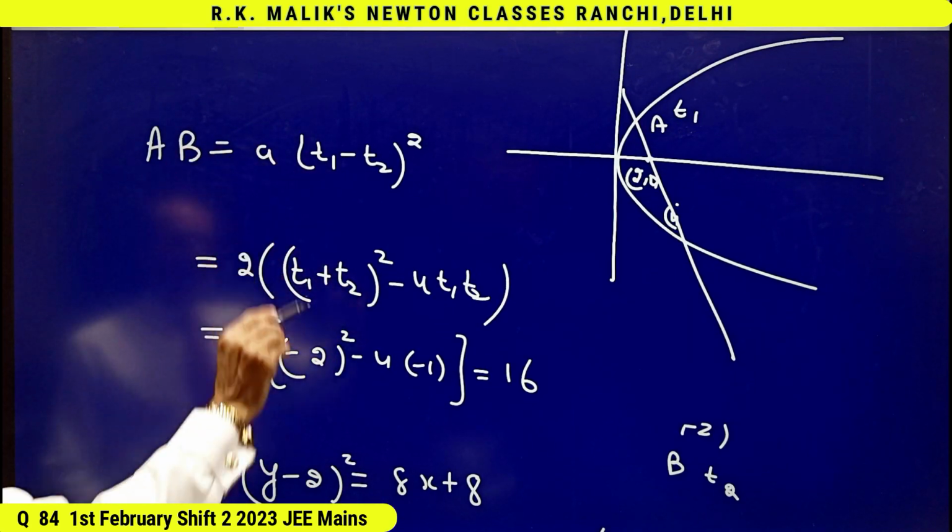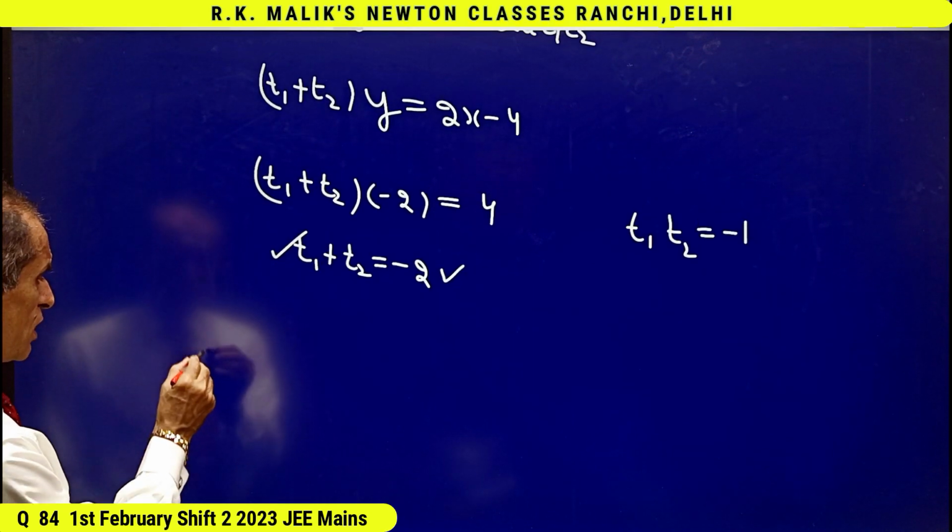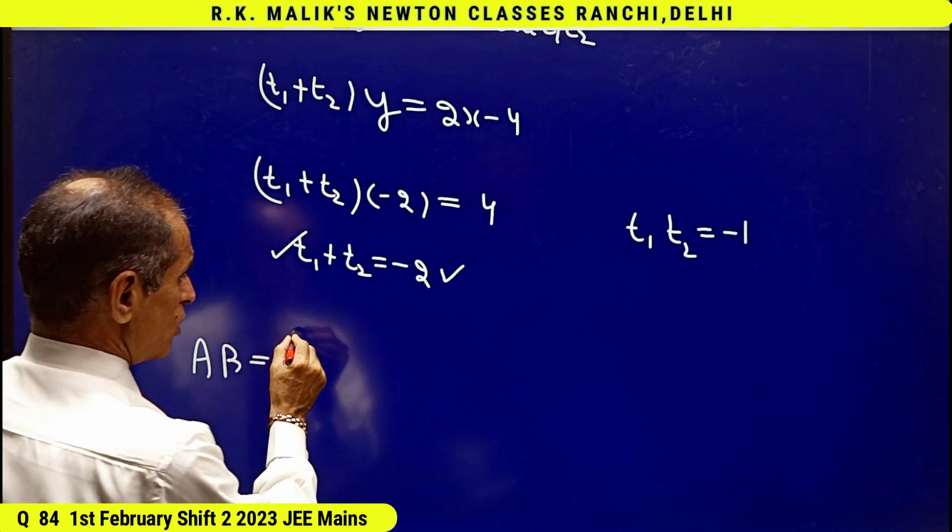Otherwise, if you don't know this formula, we can proceed in this way also: AB is equal to under root of the distance formula.